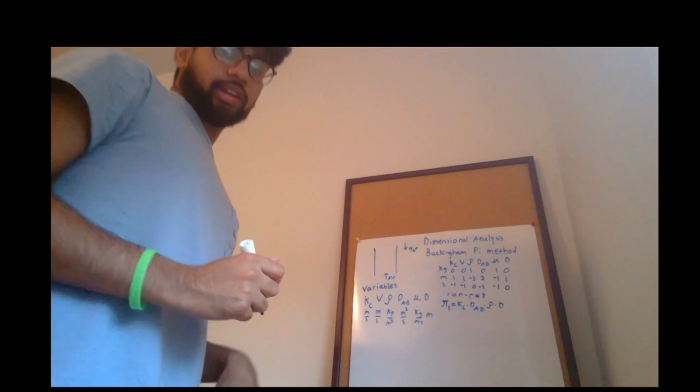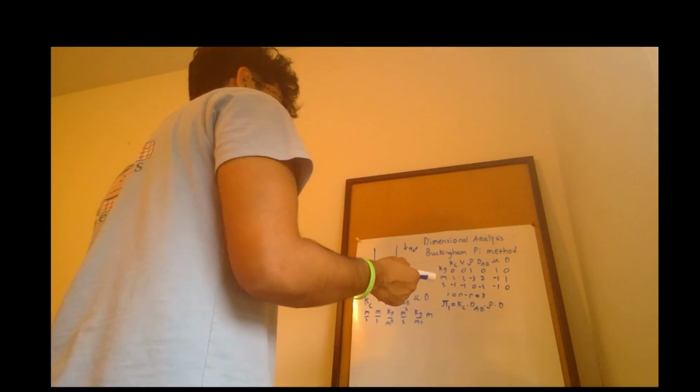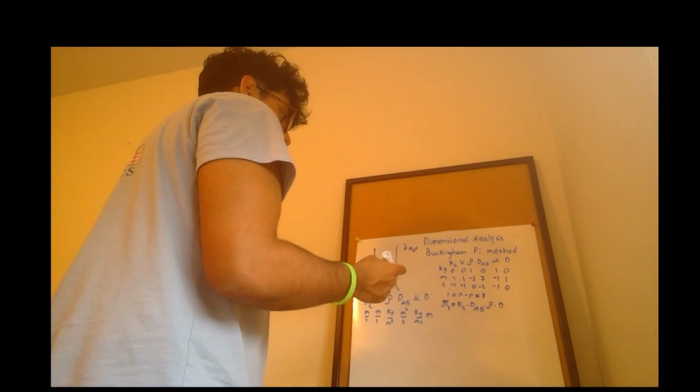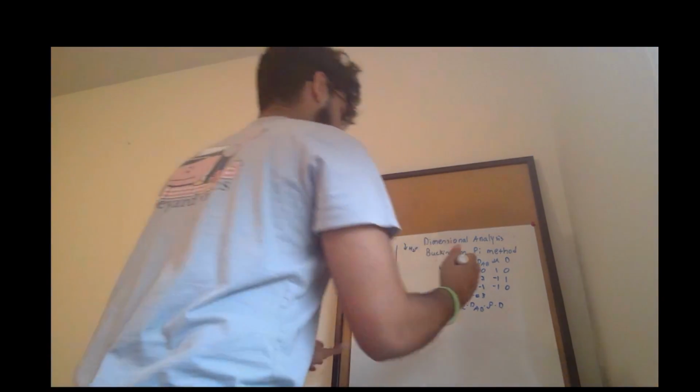And for the exponents of the mass diffusivity, density, and diameter, I'm going to assign them as A, B, and C.